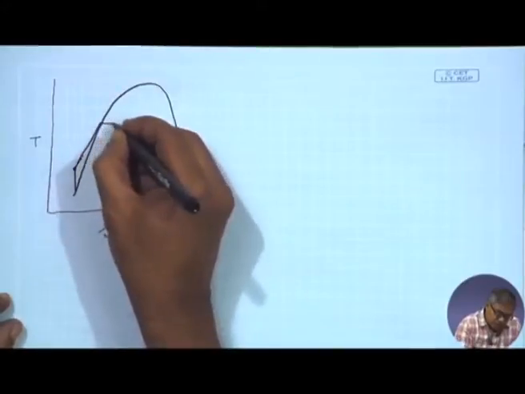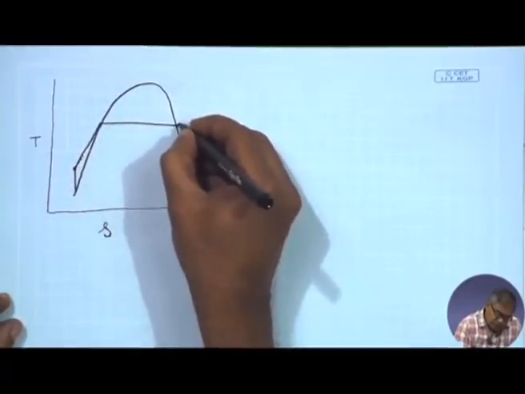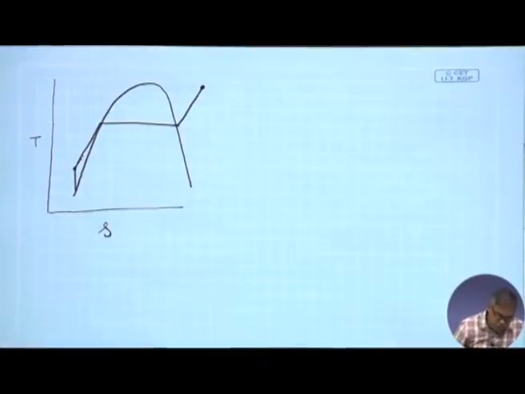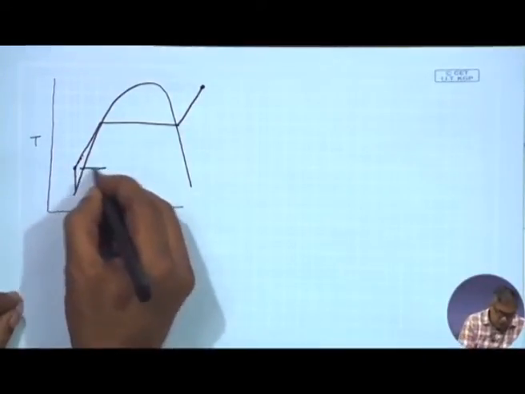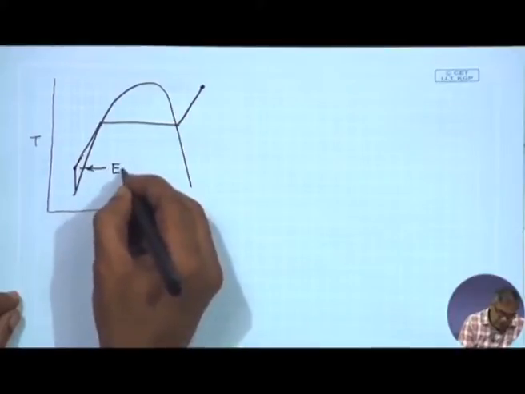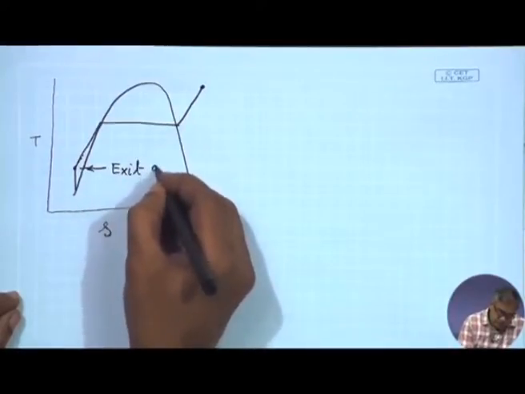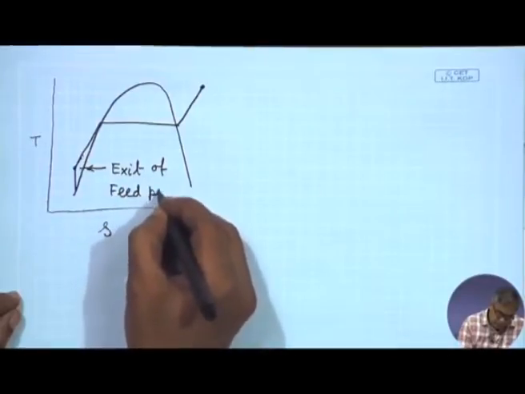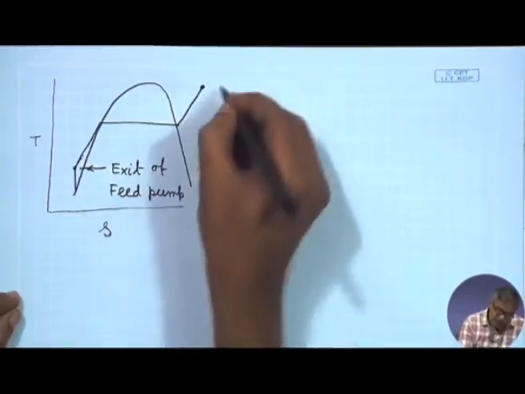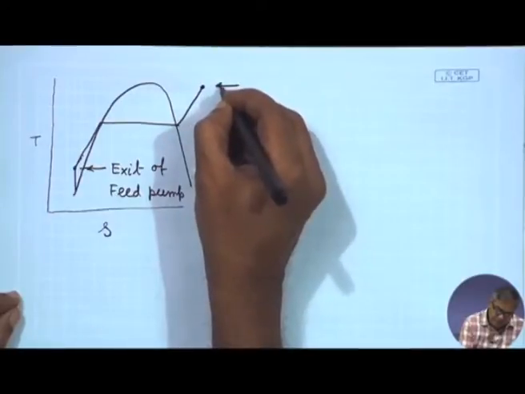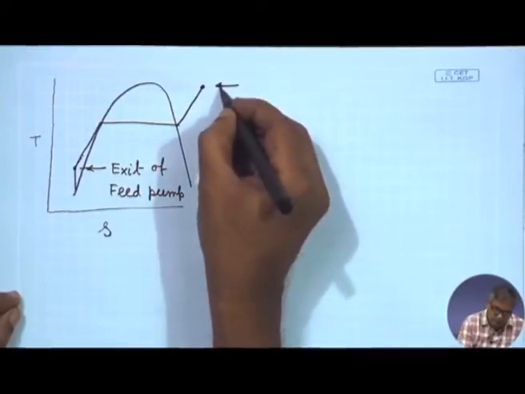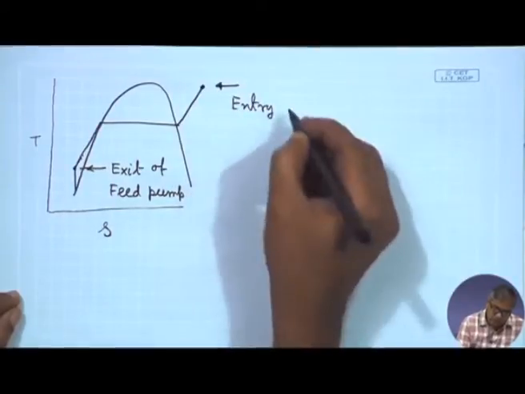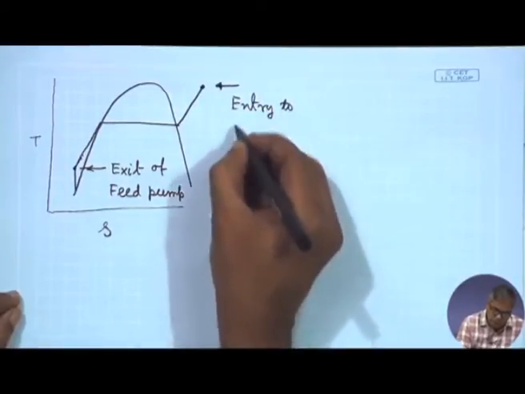It follows a process up to this, and then it goes to the turbine. So, this point is the exit of the feed pump and this point is the entry to the steam turbine.